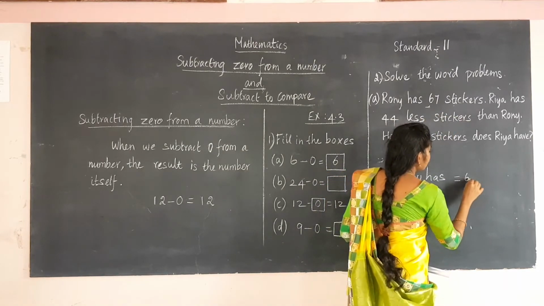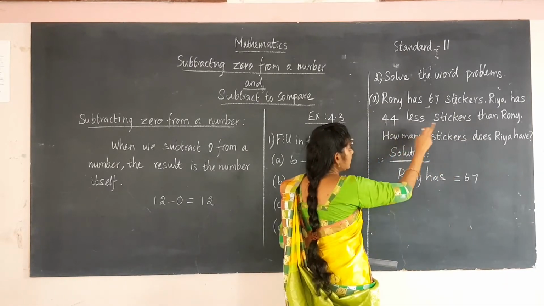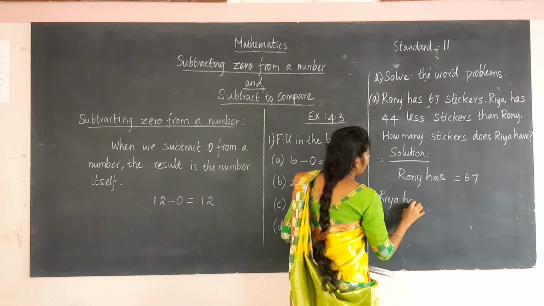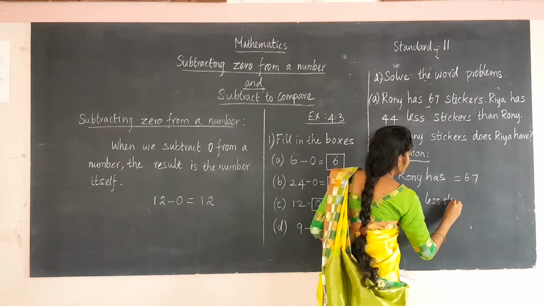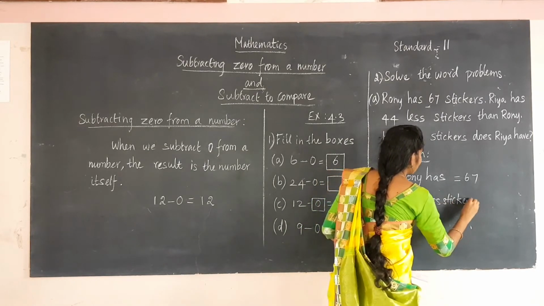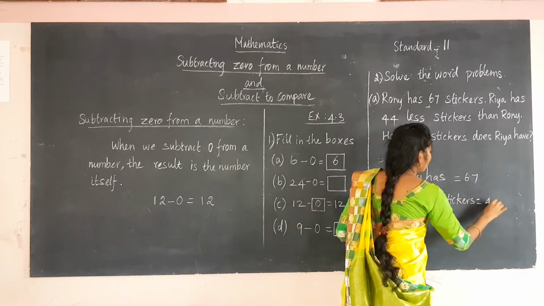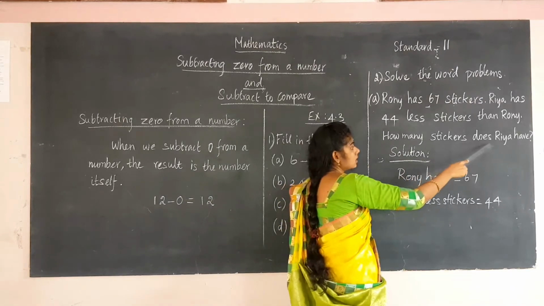So write 67. And then Riya has less stickers, 44 less. So what are we going to find? How many stickers does Riya have?